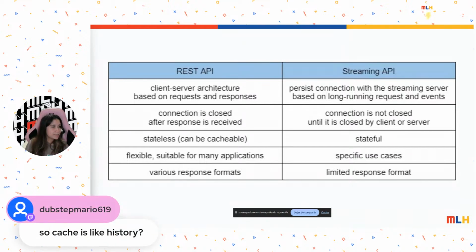So cache is like history. No, I wouldn't say that cache is like history. I'm going to get kind of technical on this because this is about computer architecture. But let's imagine that cache is a really tiny bit of space stored in your computer.